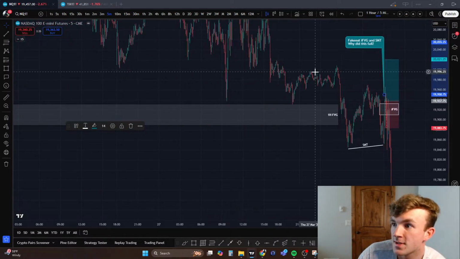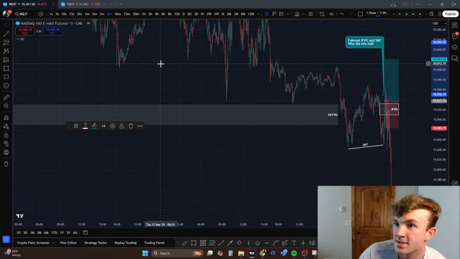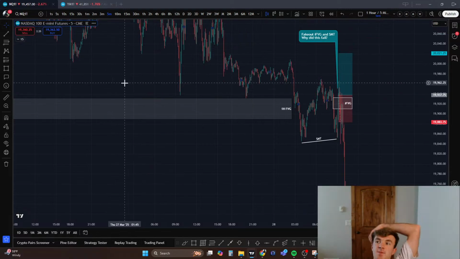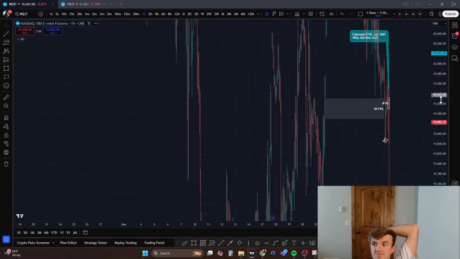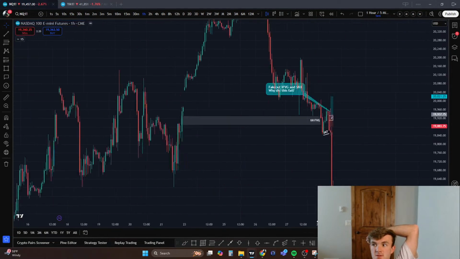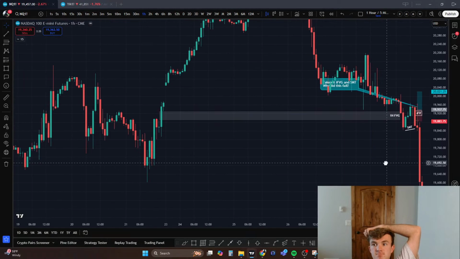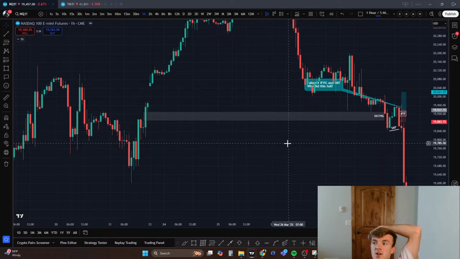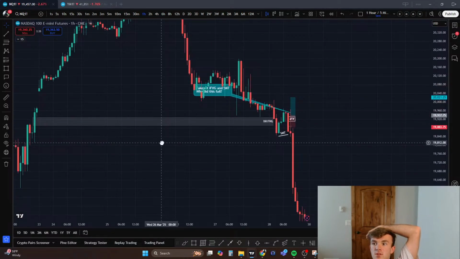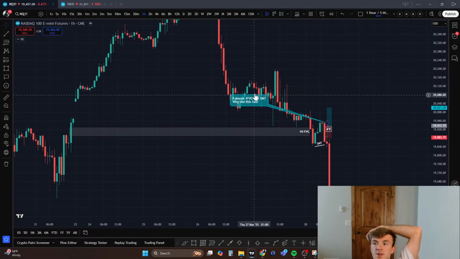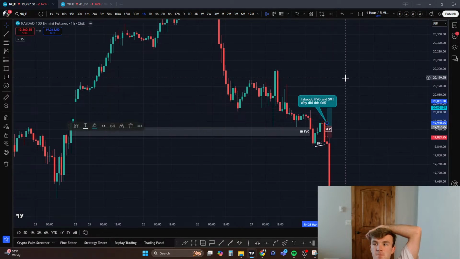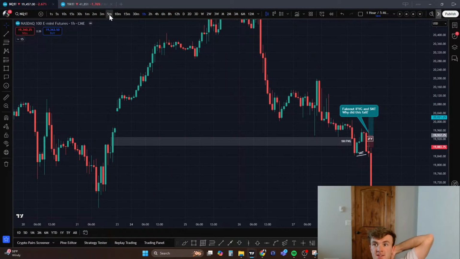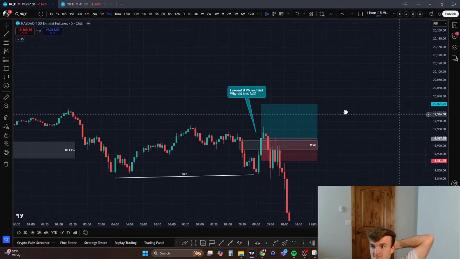Because you do see all this range of highs here, right? I think the main reason this failed is because the higher time frame was bearish. So if I go to the higher time frame, this is why it's so valuable to trade with the trend. It's just hard to go against it. Yeah, this is why I always do higher time frame analysis.